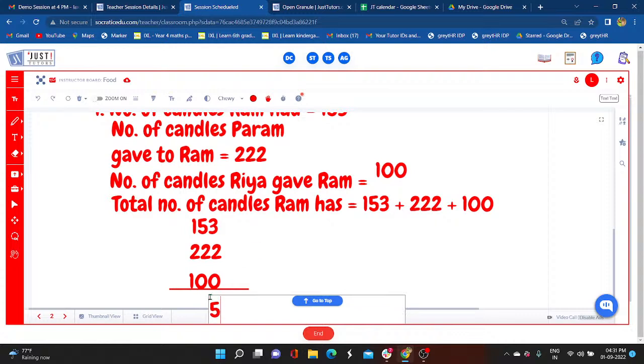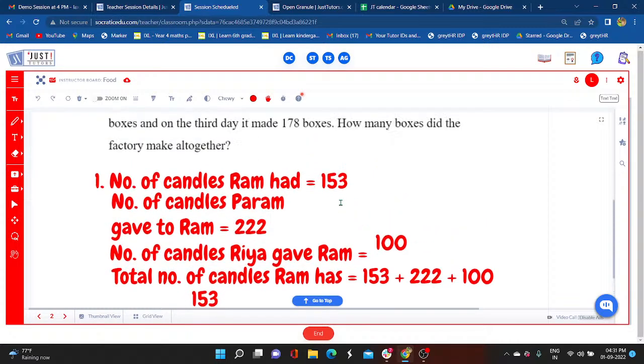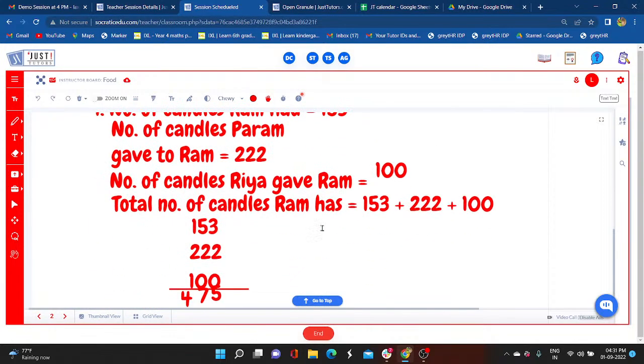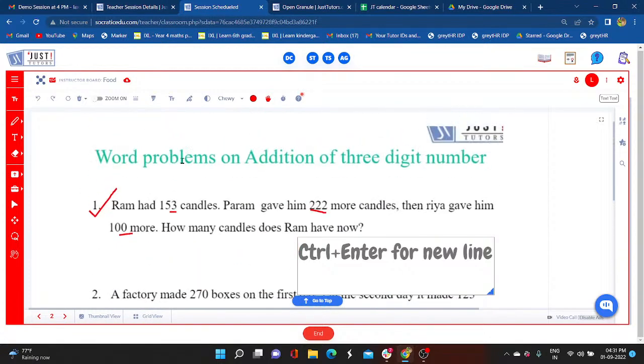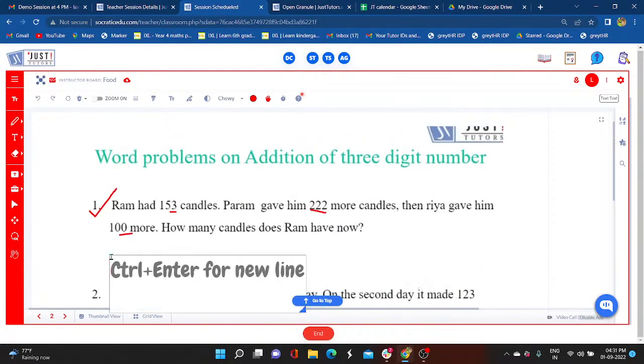Now we would try adding these numbers. 3 plus 2 is 5. 5 plus 2 is 7. And 1 plus 2 plus 1 is 4. 475. So altogether how many candles did Ram have now? Ram has 475 candles. We can write that over here.